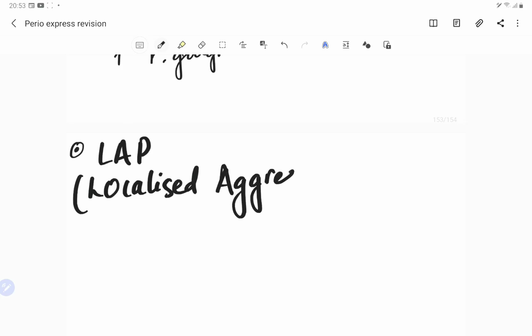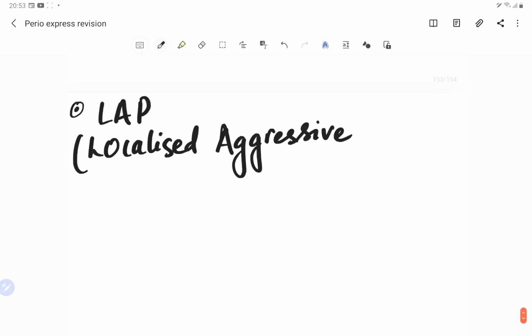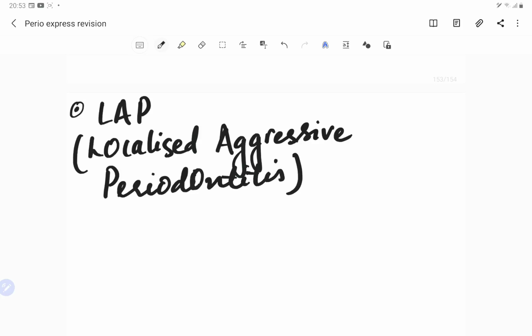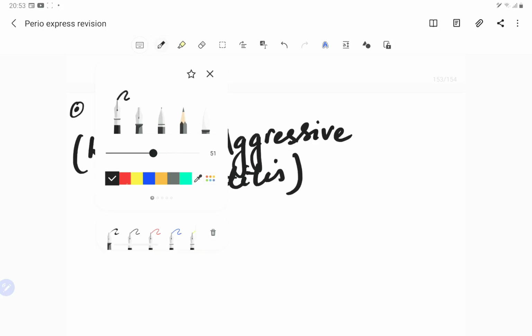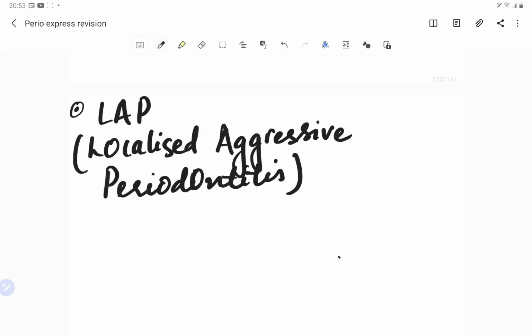That the disease is in a local area, so it is not affecting the whole dentition; it is affecting specific teeth. And aggressive in nature, this is a form of aggressive periodontitis, meaning there is rapid attachment loss, bone destruction, and also a genetic predilection. All these features are associated with the local area.